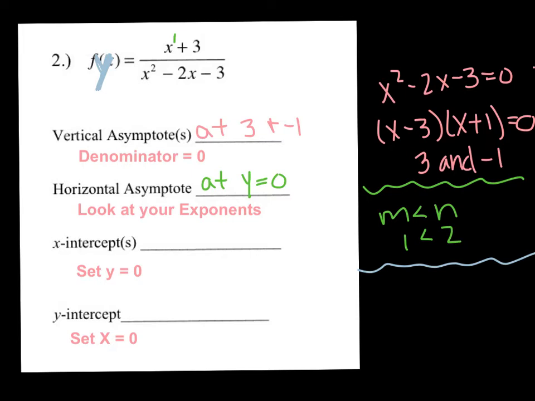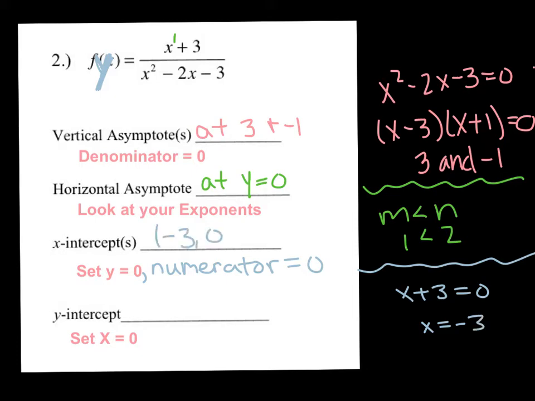So you always just solve for your numerator equaling 0. So x plus 3 equal to 0. x equals negative 3. Sometimes we can have more than one, but in this case, it's only going to be one x-intercept.